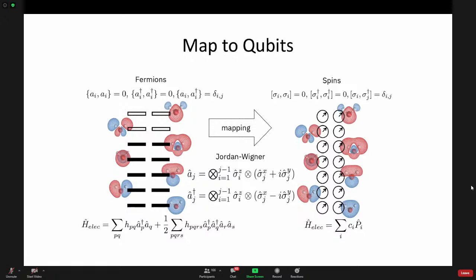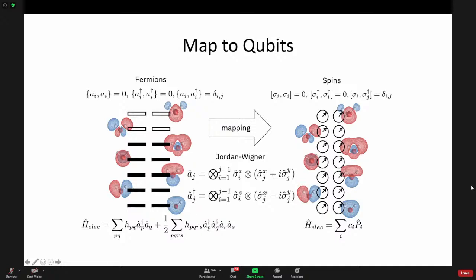I'd like to describe how we map it using this Jordan-Wigner transformation. In the second quantized Hamiltonian, as I mentioned, there is a creation operator and an annihilation operator described like this, and the Hamiltonians are described like this.